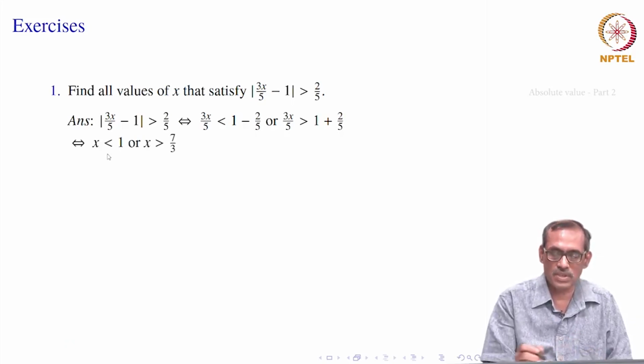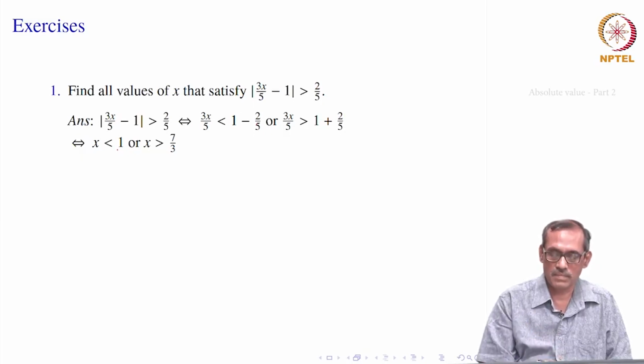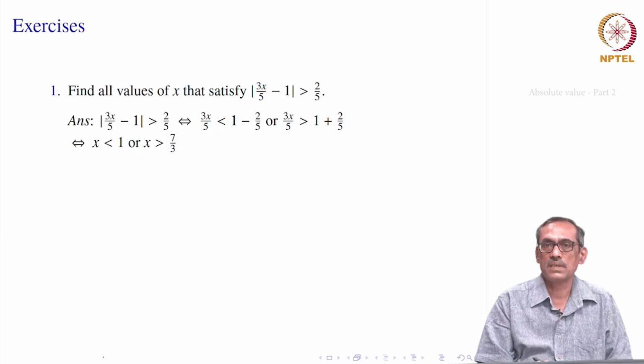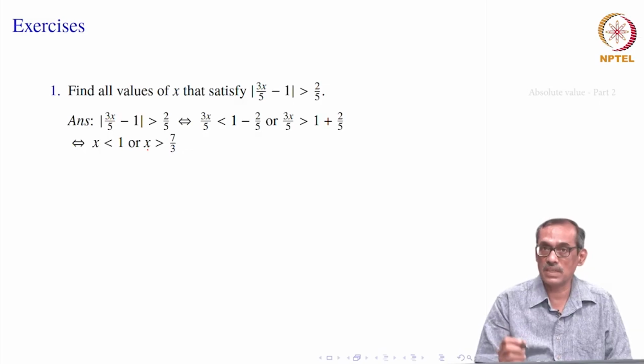So, from the first one, 3x by 5 is less than 5 minus 2 by 5, which is 3 by 5. So, x must be less than 1, as 3 by 5 gets cancelled. On the other side, 3x by 5 is bigger than 7 by 5, 5 gets cancelled, so 3x is bigger than 7 or x is bigger than 7 by 3. So, all these x satisfy this condition: x is less than 1 or x is bigger than 7 by 3.